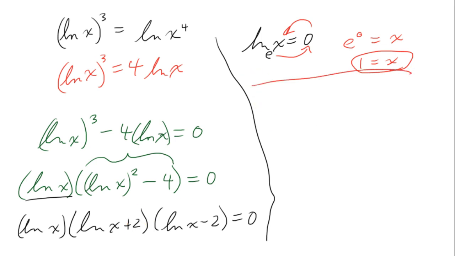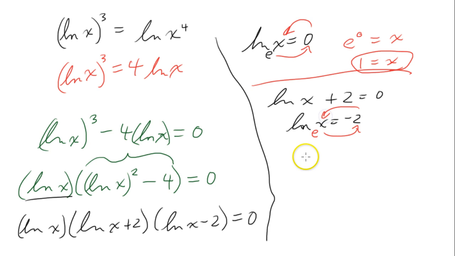We have the natural log of x plus 2 equals 0, or the natural log of x equals negative 2. Again, I'm going to visually put this e here, so e to the negative 2 equals x. So that's another solution. x equals e to the negative 2.